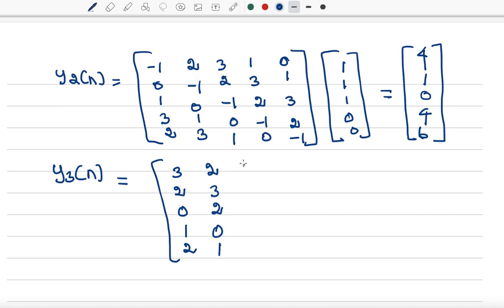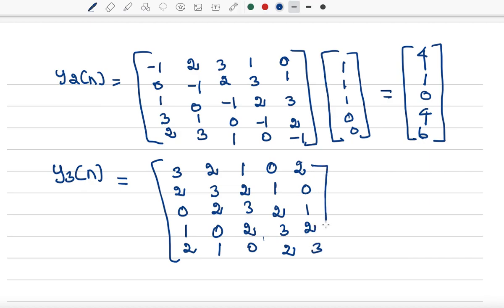Again shifting once, 1, 2, 3, 2, 0. Again shifting once, 0, 1, 2, 3, 2. Again shifting once, 2, 0, 1, 2, 3. So the impulse response will be 1, 1, 1, 0, 0.